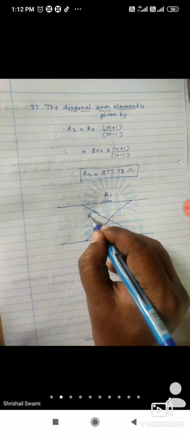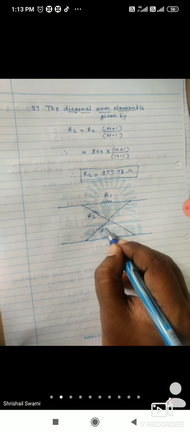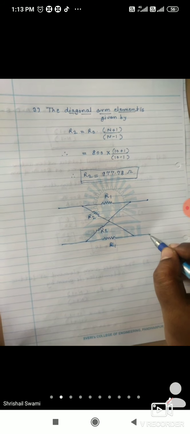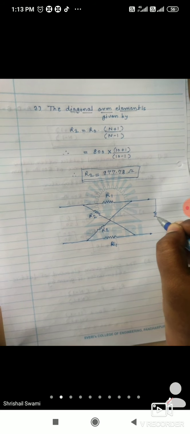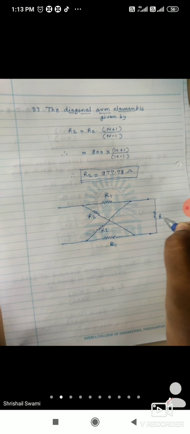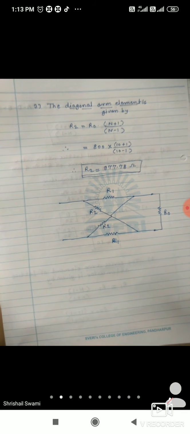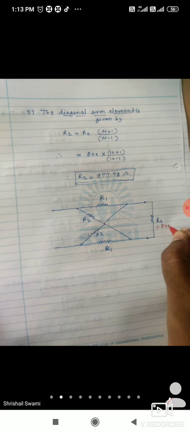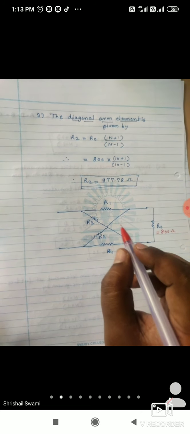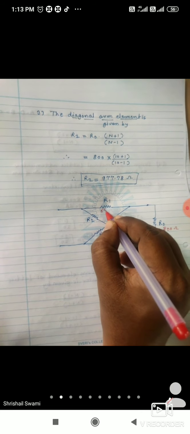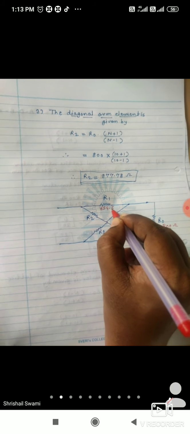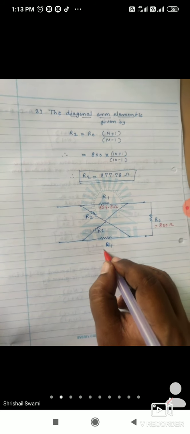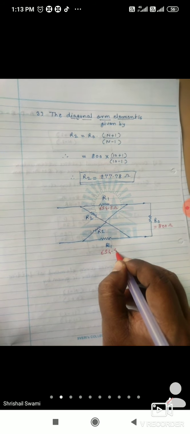So this is R1, this is R1, this is R2, this is also R2, and between the second port you connect R0. Mention the values properly. R0 is given as 800 ohm. R1 we got 654.5 ohm, and 654.5 ohm.